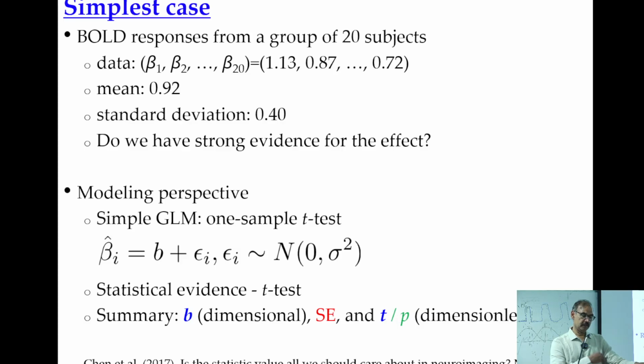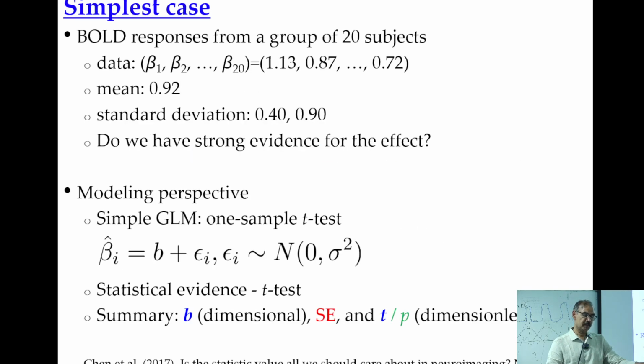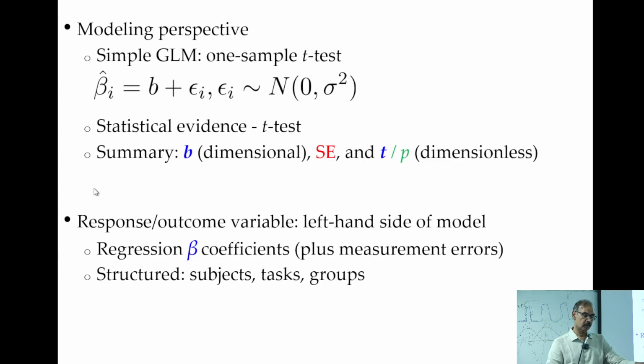Again, this is just showing the same thing. Here, the regression beta coefficient plus measured error, and this is used for subject or task groups.